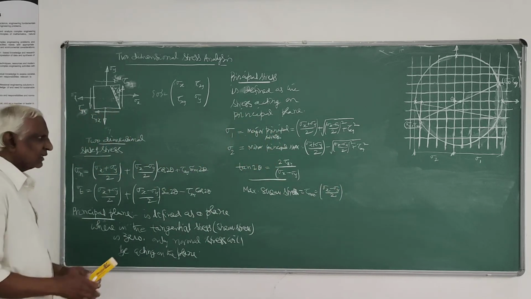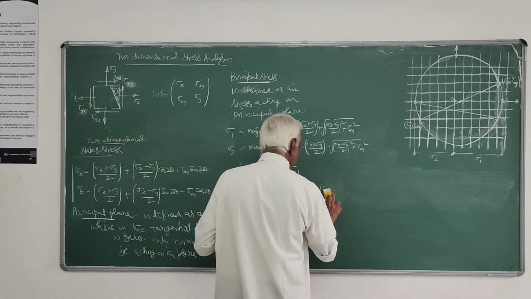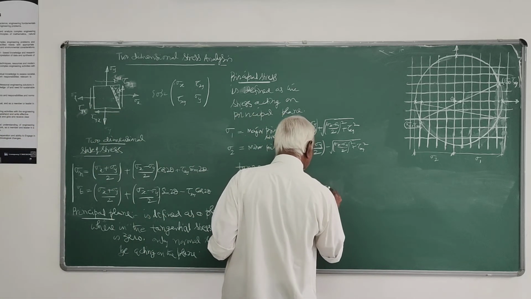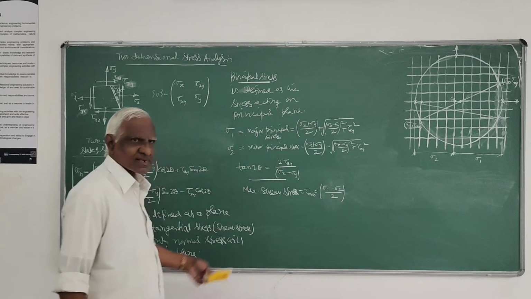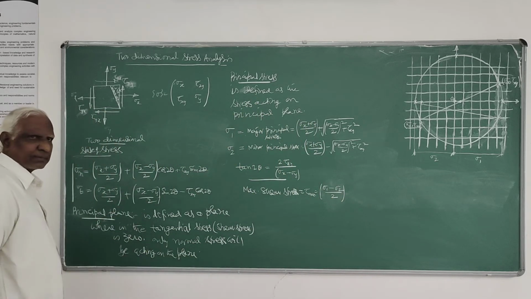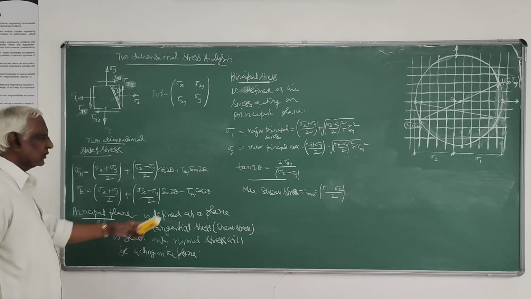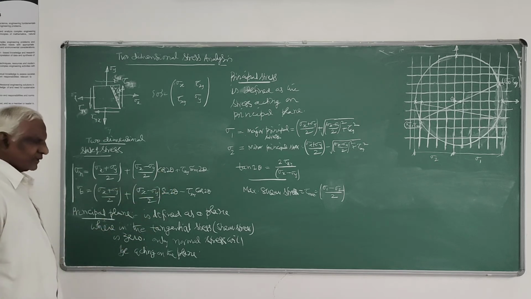That is not sigma x minus sigma y by 2, that is sigma 1 minus sigma 2 divided by 2. Major principal stress minus minor principal stress divided by 2, that is the maximum shear stress.